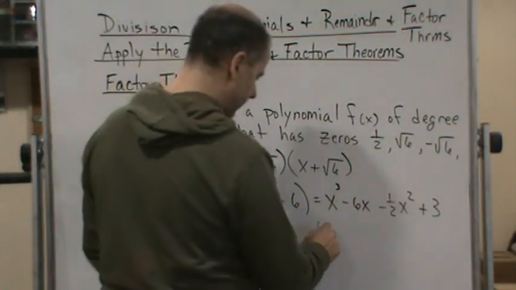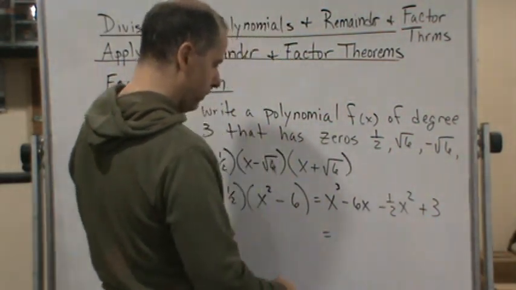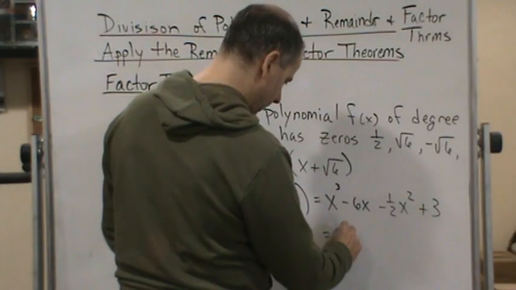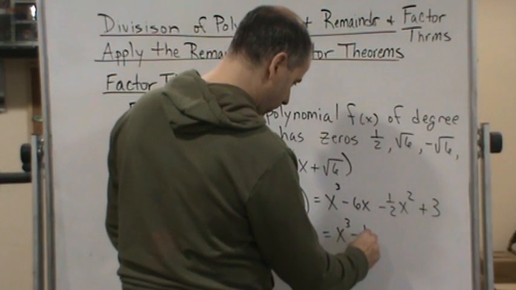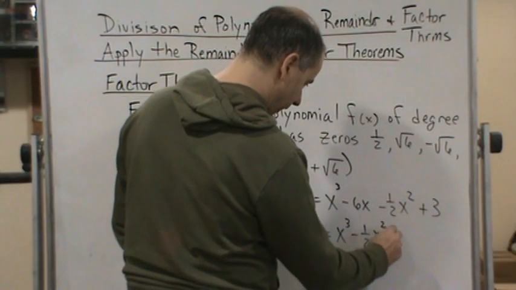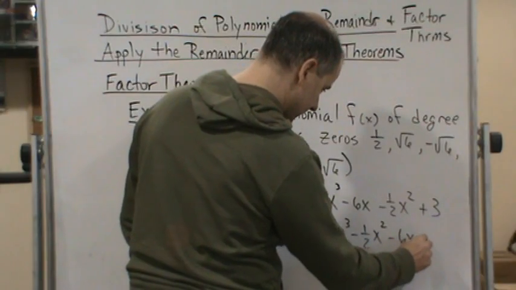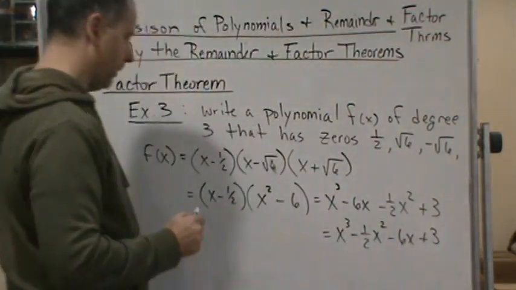And so again, if I write this in decreasing order, I get x cubed minus 1/2 x squared minus 6x plus 3.